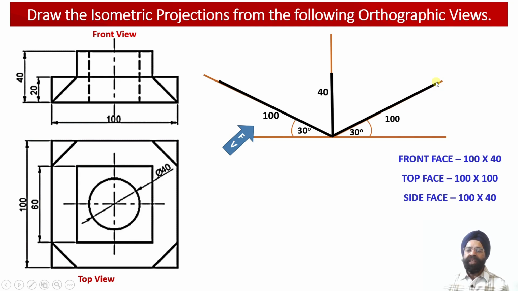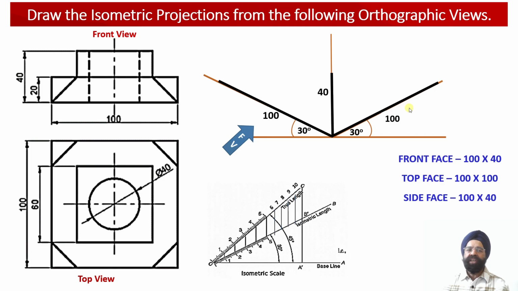So this way, using the information available with us through these two orthographic projections, we have to first of all convert all the true length dimensions which are available in the orthographic projections into isometric length dimensions over here.